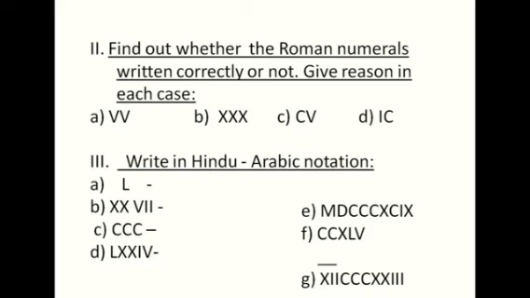So if it is correct, you have to give the reason. Yes, it is correct because of this reason. And if it is wrong, that one also you have to tell why it is wrong. Just try these sums. Third, write in Hindu-Arabic notation. All are given in Roman. You have to convert them into Hindu-Arabic. Thank you, children.